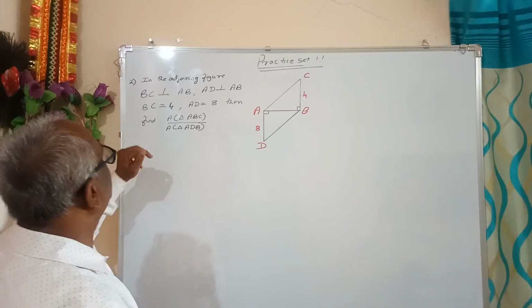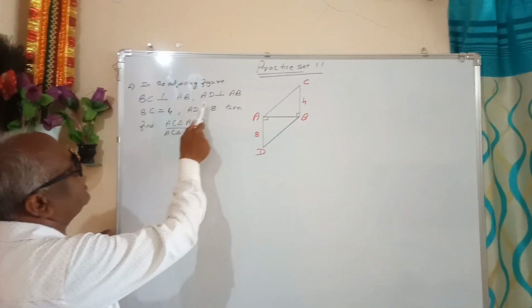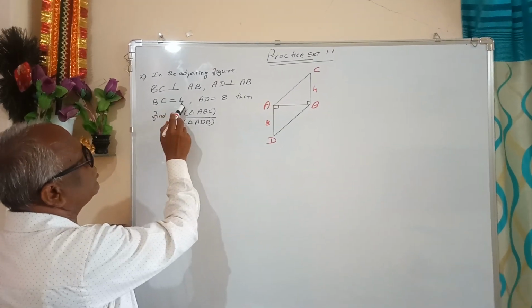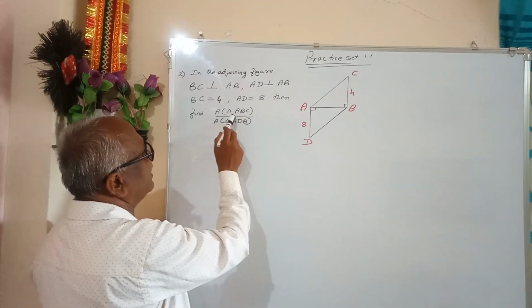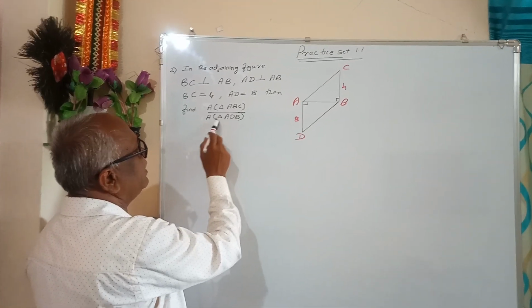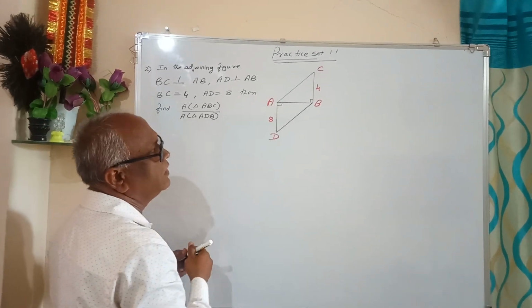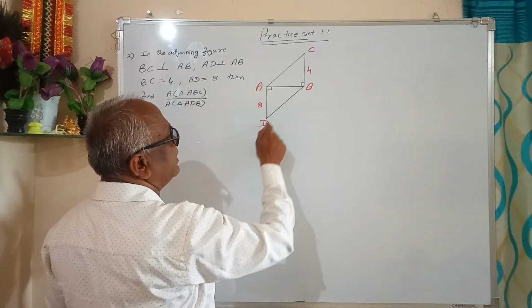Now example number 2. In the adjoining figure, BC is perpendicular to AB, AD is perpendicular to AB. Now BC is equal to 4, AD is equal to 8, then find the area of triangle ABC upon area of triangle ADB. Now here the figure is given, triangle ABC is there, triangle ABD is there.